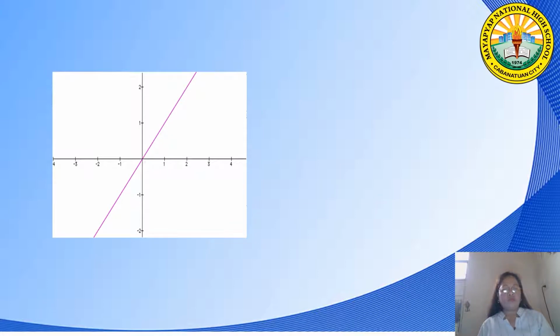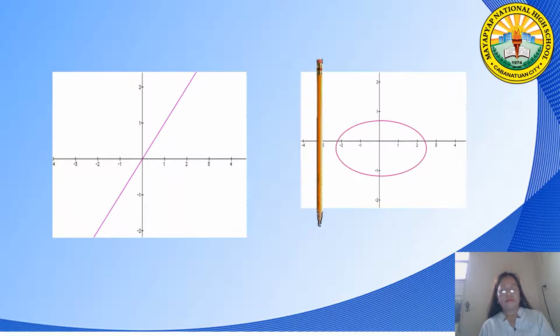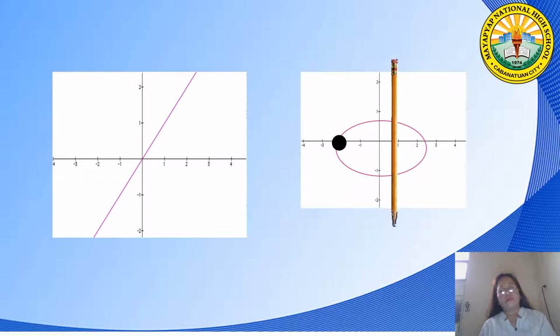Observe the movement of the pencil in the given graph. So when a pencil moves vertically and it intersects the graph at only one point, the relation is a function. The first graph is a function while the second graph is not, because the pencil intersects the graph at more than one point.